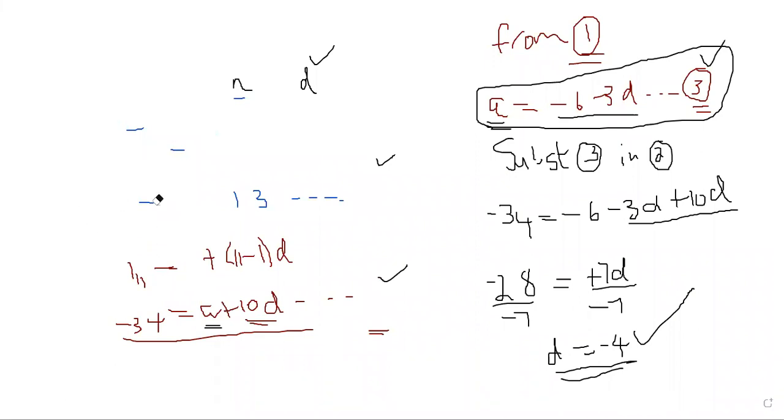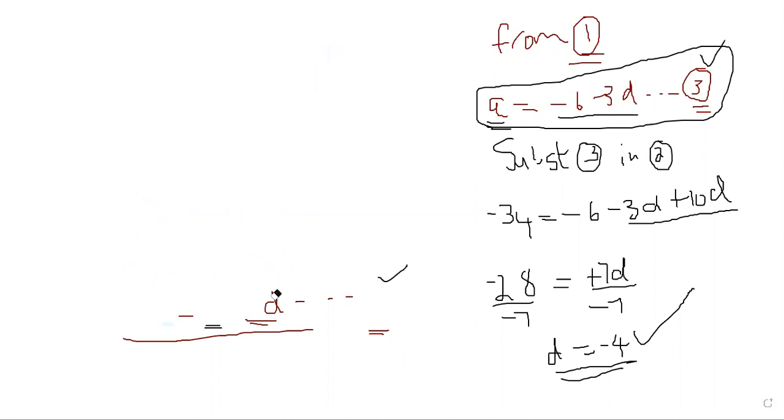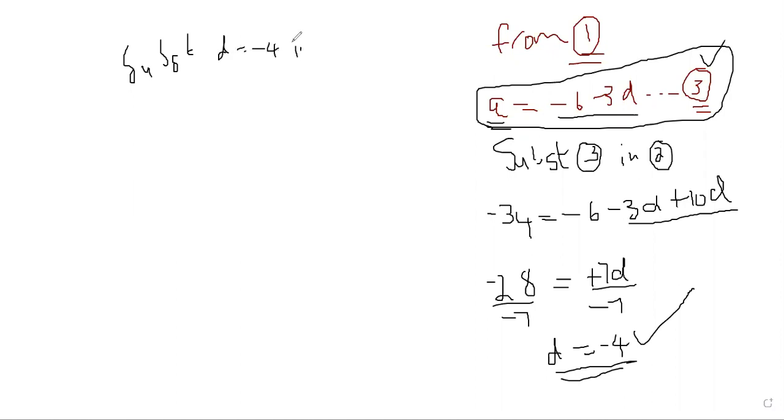So what we will do from here is pretty simple. This question is normally 7 marks and a minimum of 6 marks. So from here, you tell the person that you'll be substituting D is equal to negative 4 in equation 3.